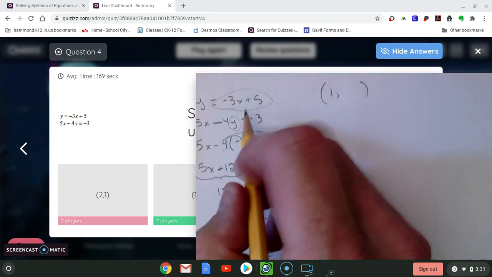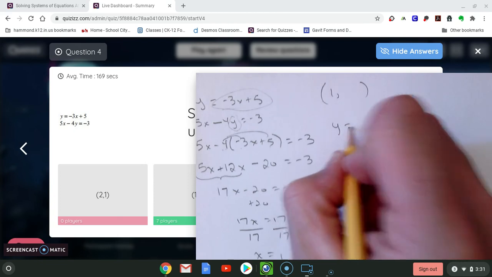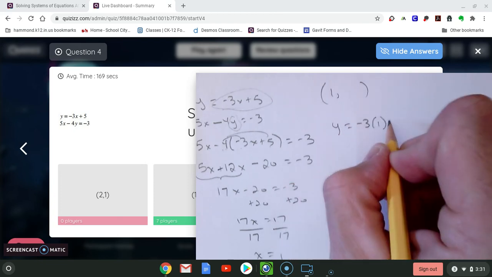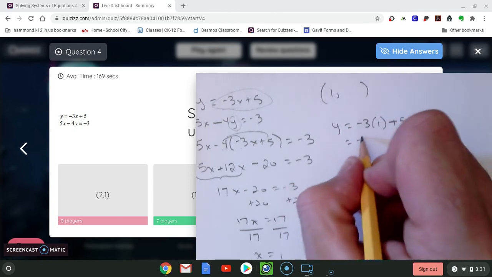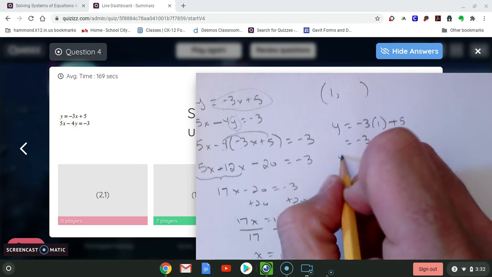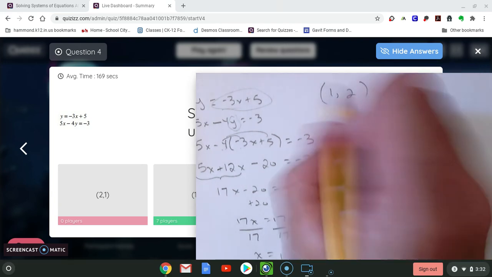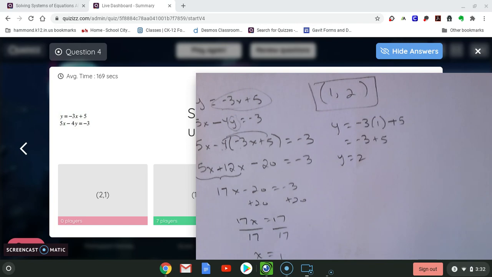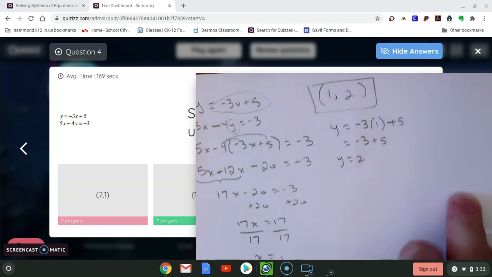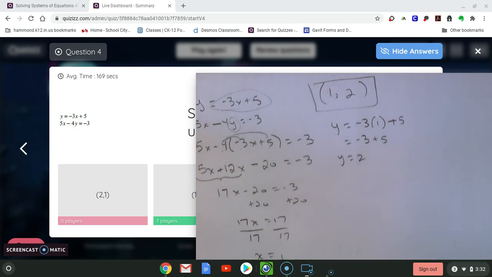All right, and then substituting 1 back into our original equation, we find that y equals 2. So this is one case we may see where we have the setup to use substitution, but we also have to use the distributive property.